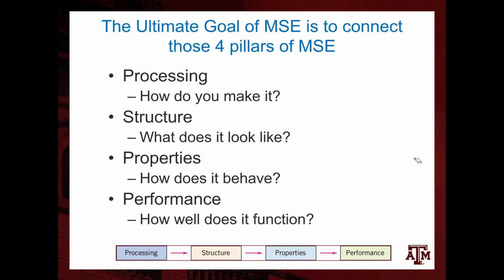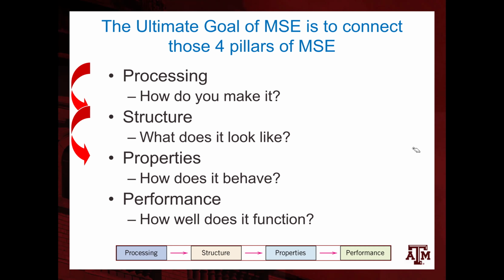And this is to connect what we call the four pillars of material science and engineering, which are the processing, how we make the material, and then the structure, how it looks when we characterize it, and then the properties, the emergent properties of that structure. And of course, based on the properties, that leads to specific performance. So those four pillars are connected.